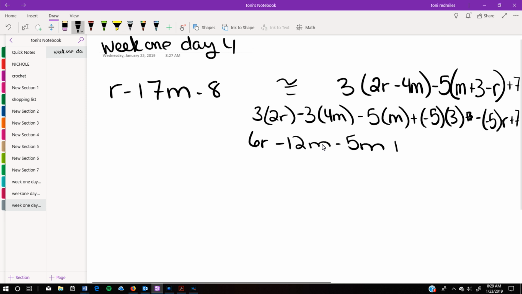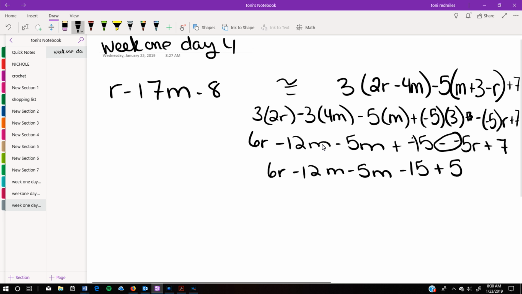Negative and a positive is going to give me a negative 15 minus a negative and a positive, a negative 5r. Got a double negative here. Plus 7. All right, let's get this cleaned up. Alright, so I just cleaned up my signs a little bit.